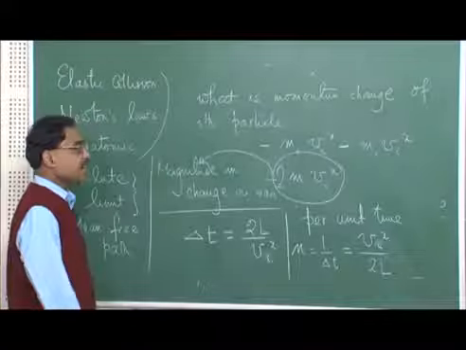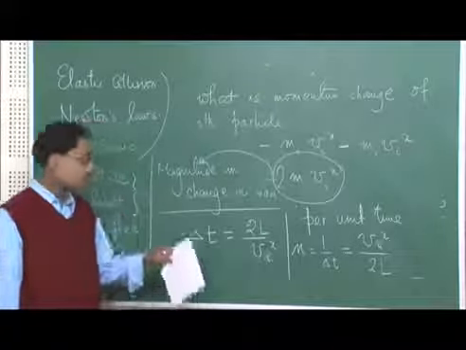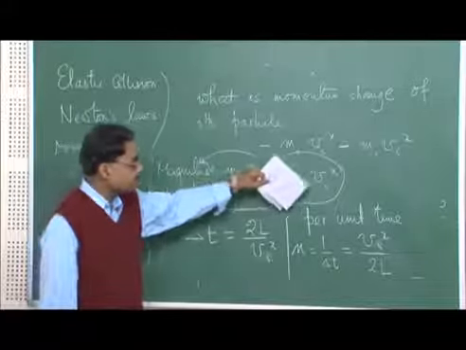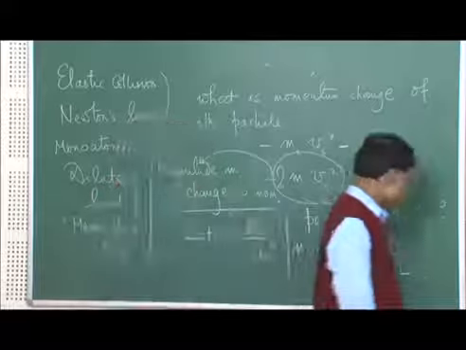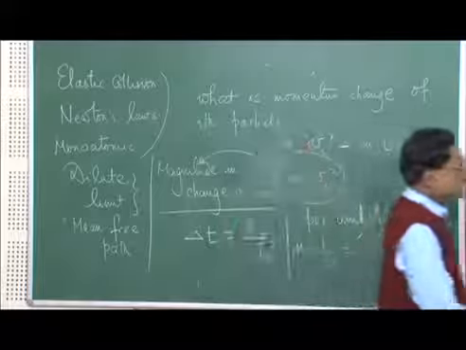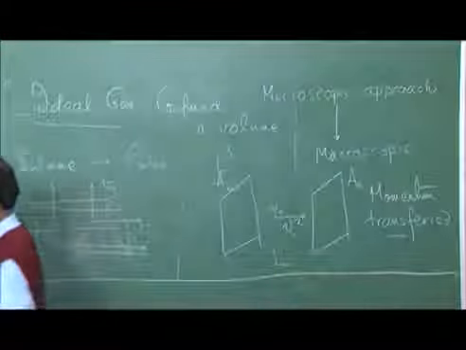We have already seen the total momentum transferred at each collision is 2m Vix, and per unit time, the number of collisions concentrating on a particular face A1 is given by this number.